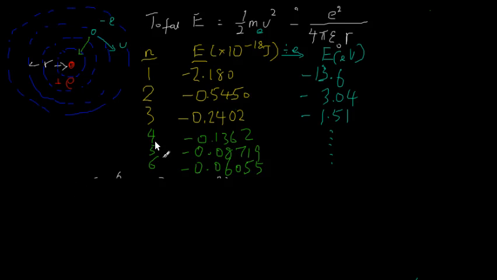So we can have lots and lots of orbits. In fact, we can have an infinite number, and each of these orbits has a corresponding energy.